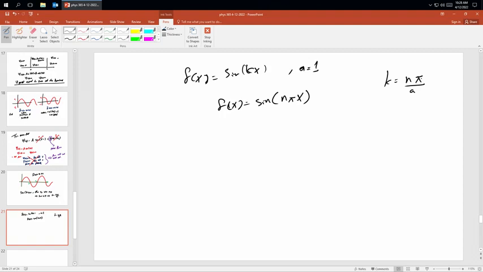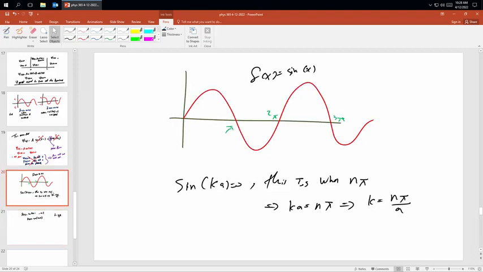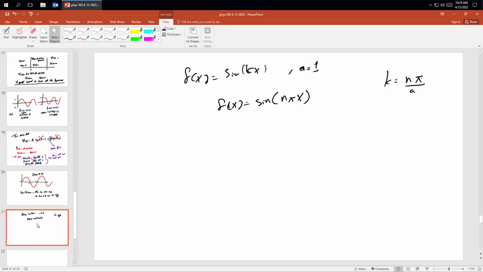So if you looked at this, what's n over here? It's 1, right? 1 pi. This is your n number, the one with the pi. What's n over here? 2. What's n over here? 3, right? So let me go ahead and draw this down.